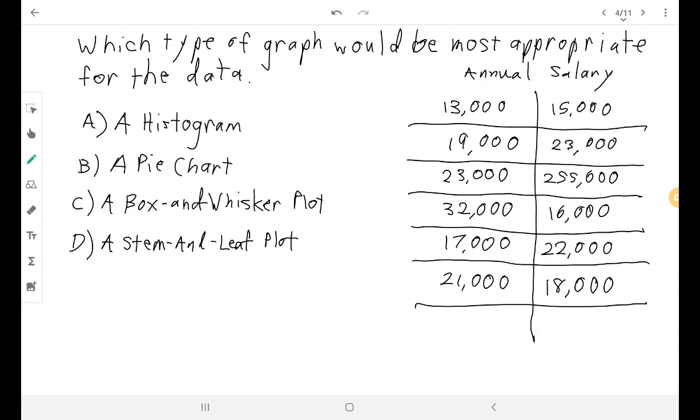So right off the bat, let me say a couple things. First of all, a pie chart is good for some comparisons, but overall, pie charts are really hard to glean a lot of good data from.